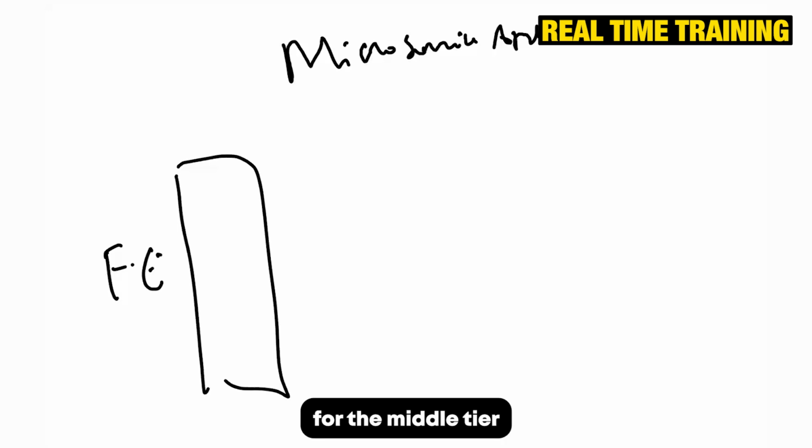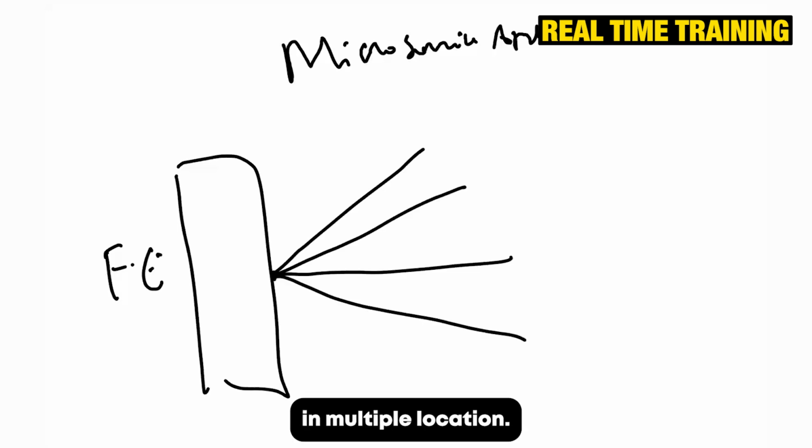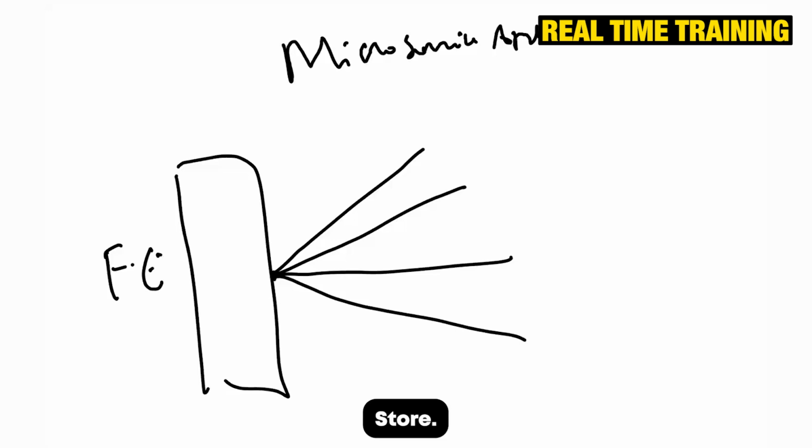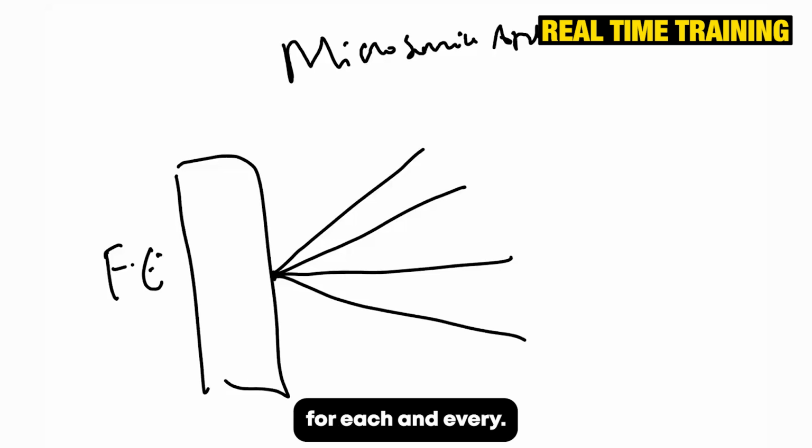For the middle tier, the common code is stored in multiple locations. Think of these as the middle tier, that's where the code is stored, and these are all databases for each and every one. So there are multiple databases.